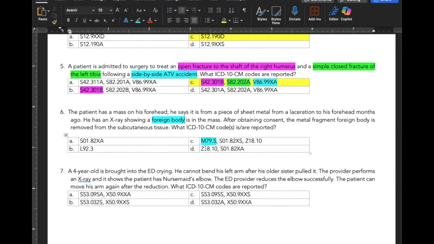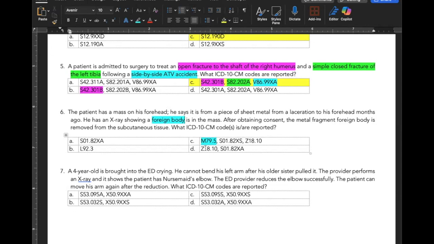So we will go to the main term retained. So it's a foreign body that is retained within the soft tissue. Because remember, our M79.5 is just saying that there's a presence of, so now we have to identify what that foreign body is.